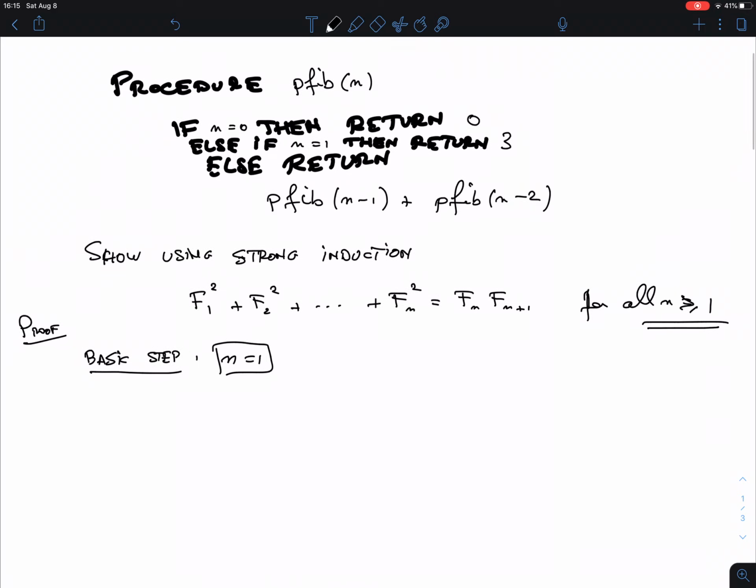Sorry, I wrote pfib and then I wrote f. Sorry, I always mean f. Let me make these all capital F's here. So it's capital F, and then I wrote the index. Sorry, I copied it from a different problem.